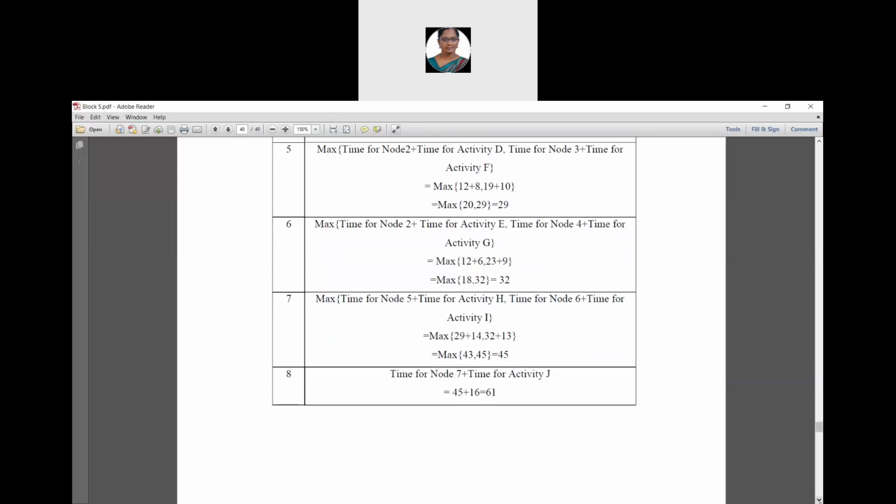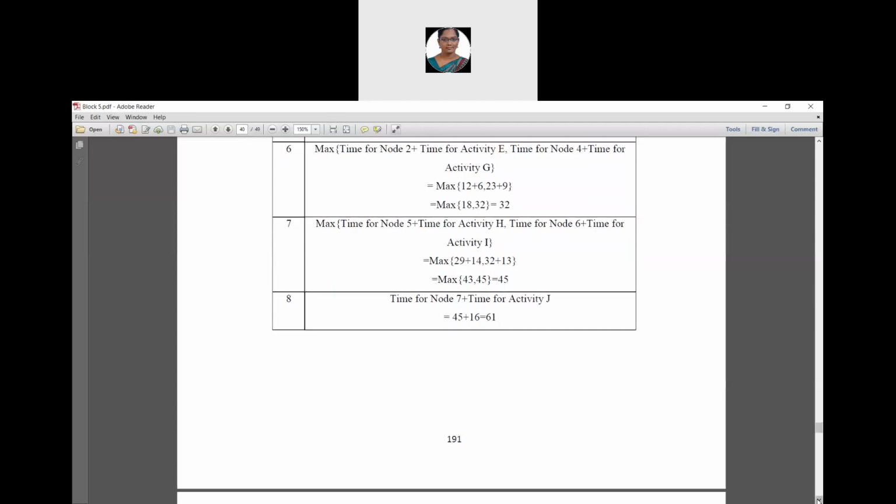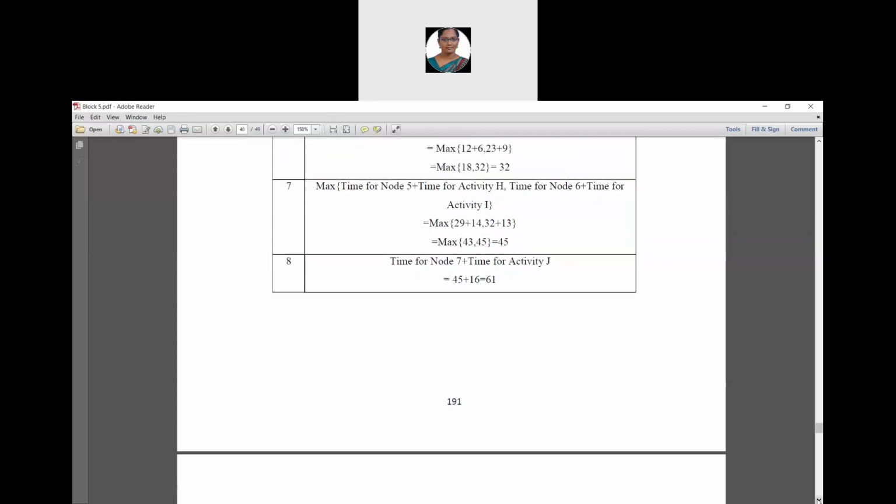Then for node 7, again we have to pick the maximum value. So maximum of 43 and 45 is 45. For node 8, earliest start value will be 61. Next we have to find the latest.